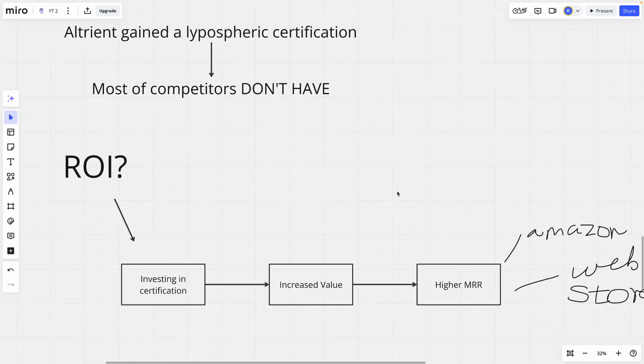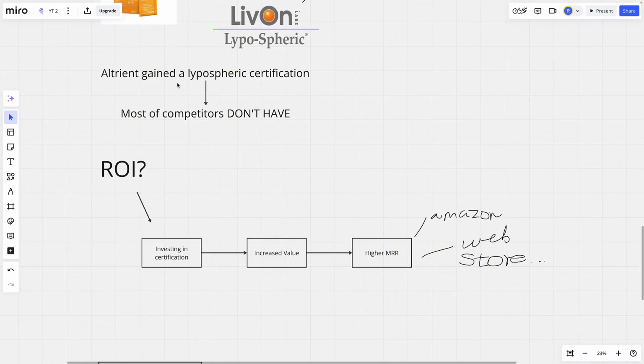So with that being said, where does the ROI come from in this? As I said before, you invest in this certification, however much that is, and that will increase your perceived value, not only with psychology, because obviously you're different from everyone else, but in terms of actual real results, because with this lipospheric stuff, you can actually get results that normal vitamin C will not be able to.